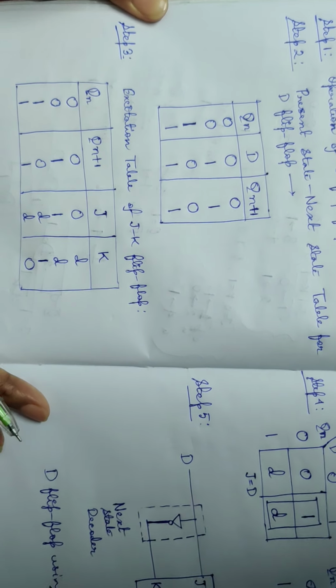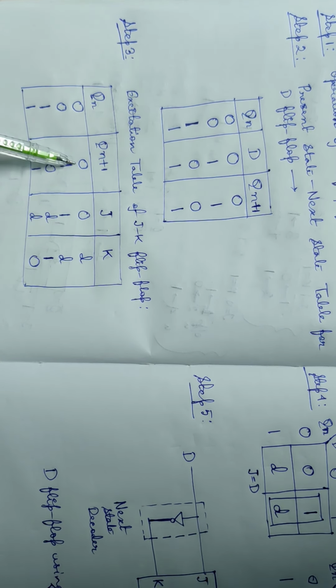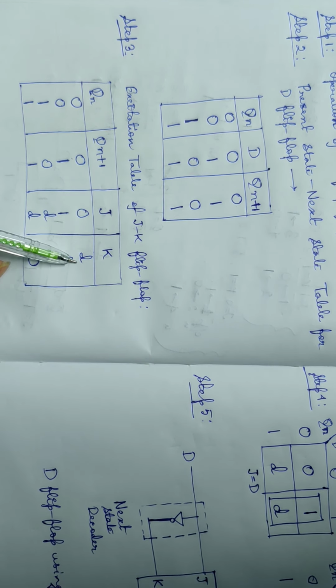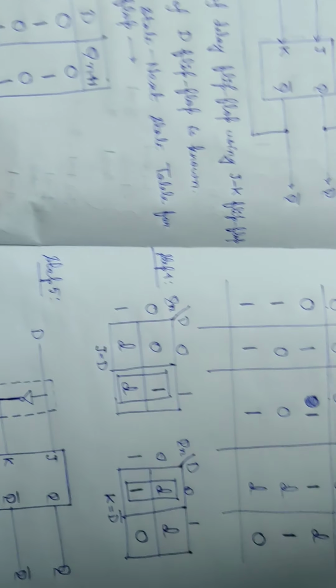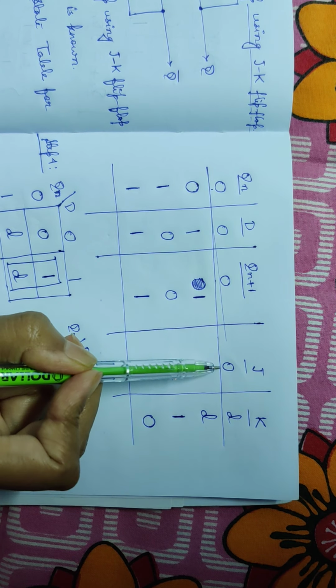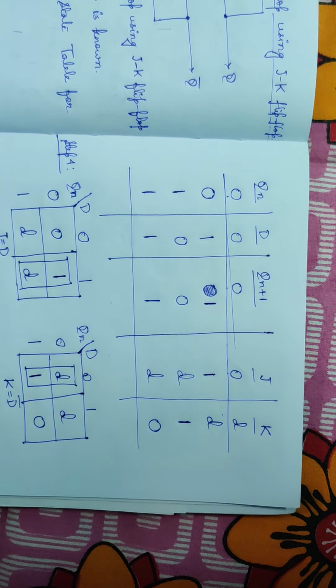Coming to the excitation table, when Qn is 0 and Qn plus 1 is 0, the values of J and K are 0 and D respectively. So in the first row, we write 0 under J and D under K.